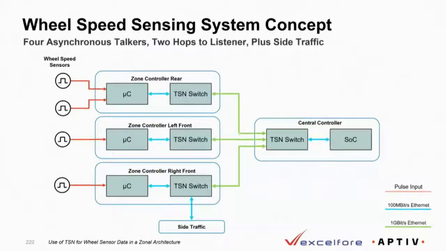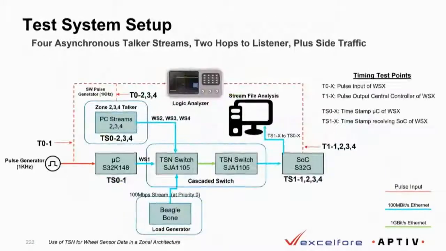Then there are 2 hops before you end up in the decision control ASIC. Now, how do I set up my system? I need to validate how these things are happening on a scope. And also for analysis, I want to take them into, say, a PC where I'm just collecting this data for analysis.